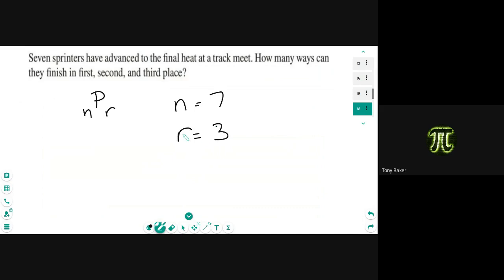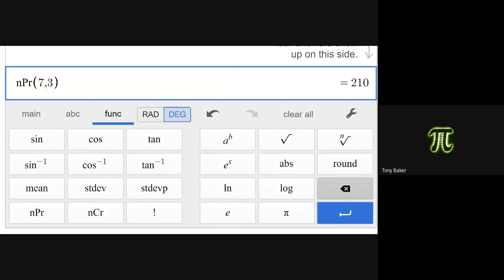So depending on how your calculator does it, you're either going to do 7 nPr 3, or nPr 7, 3, depending on how your calculator is set up. Desmos is the second one. And we get the answer of 210. So there's 210 different ways that that race can finish.